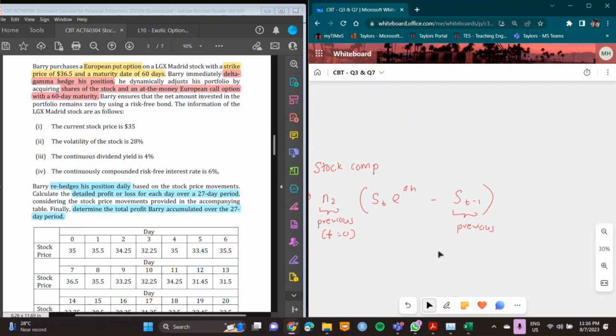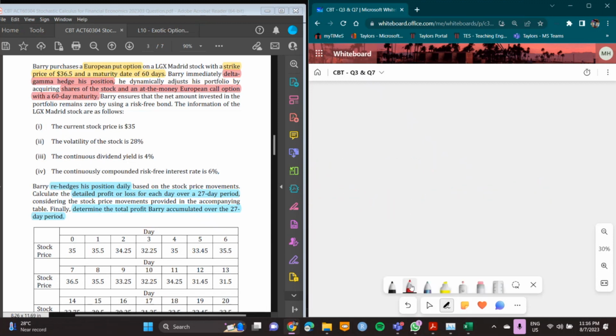And then the third one is the money component, where the formula is equal to negative V e power of RH minus 1.